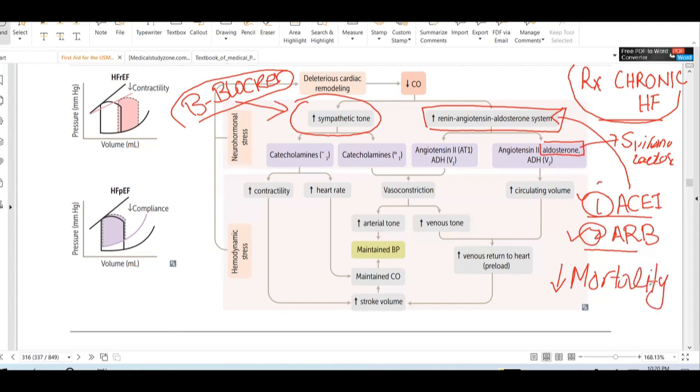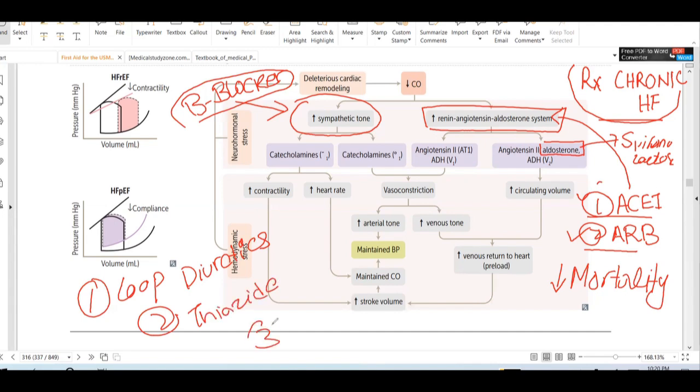The acute heart failure treatment I will discuss in the next few slides, but in acute heart failure, the treatment is basically symptomatic. The symptomatic drugs are basically loop diuretics, thiazides, and lastly nitrates.